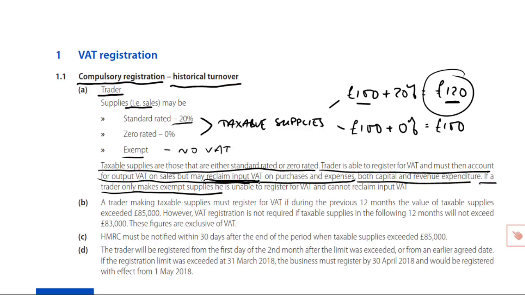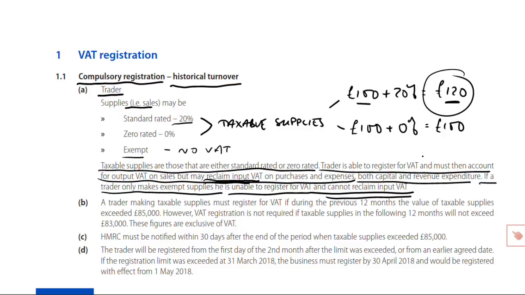If we make exempt supplies, then we cannot recover the input VAT that we've suffered on the purchases of the goods and services. That makes our costs 20% bigger on such purchases and expenses than they would otherwise have been, which we'll see with examples in a moment.